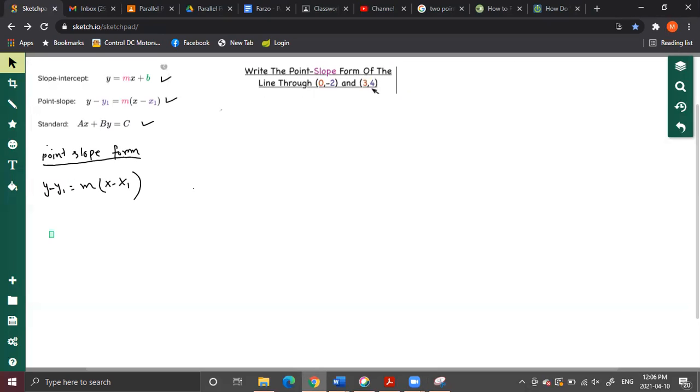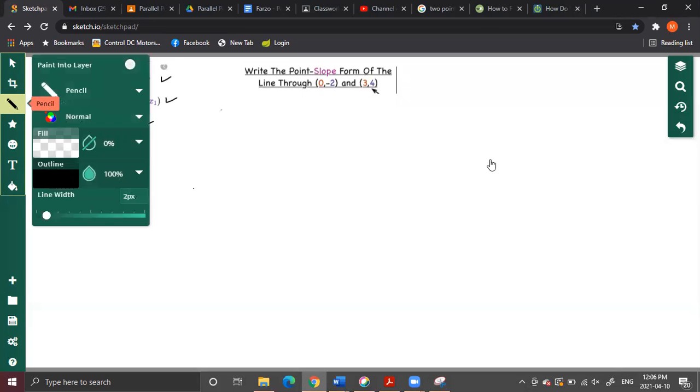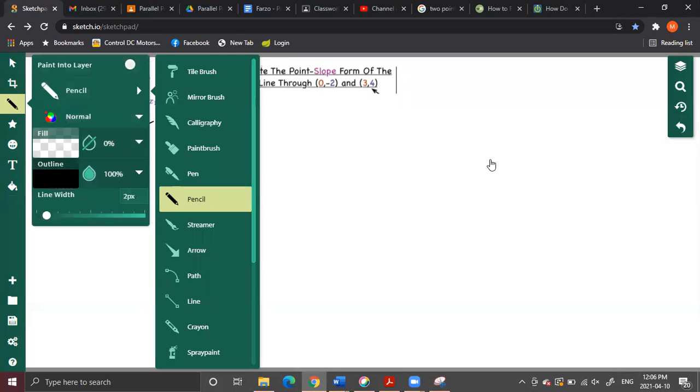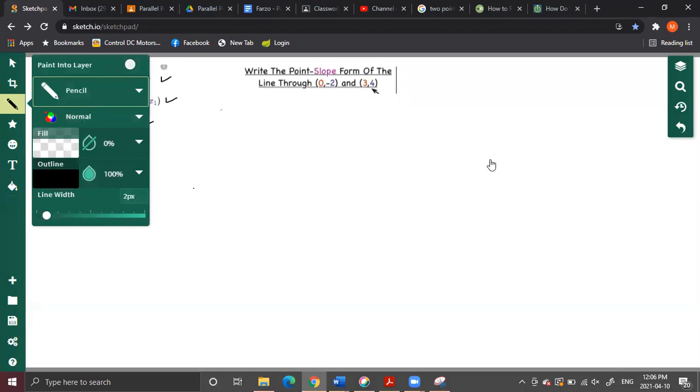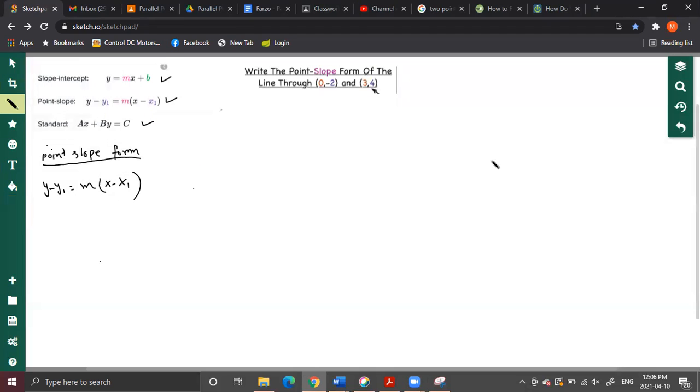So we'll find the slope. Okay, so the slope will be m equal to (y2 minus y1) over (x2 minus x1).